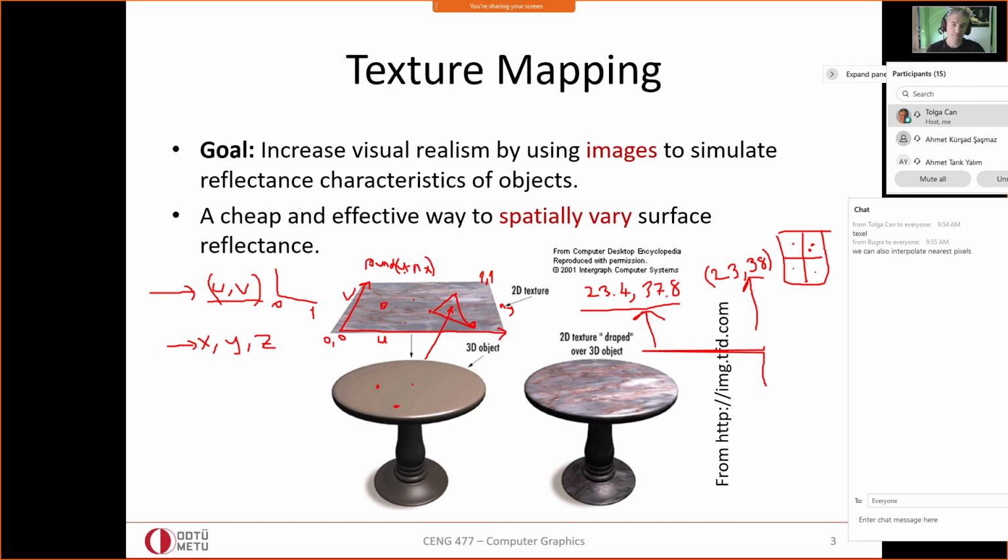For example, if u is 0.7 and you have a resolution of 1000 pixels in a row, you multiply 0.7 with 1000, and it gives you 700. So the pixel coordinate should be around 700. Since u and v are between 0 and 1, based on your image resolution, you multiply these texture coordinates to get the integer texel coordinates.